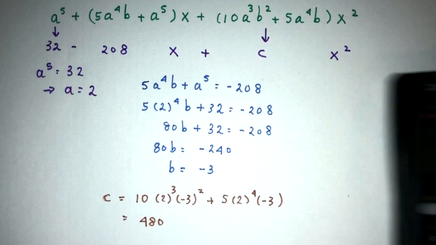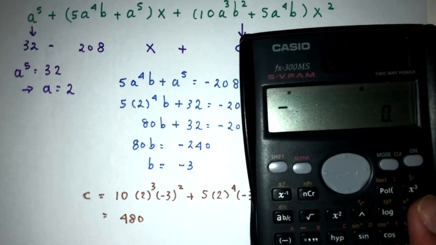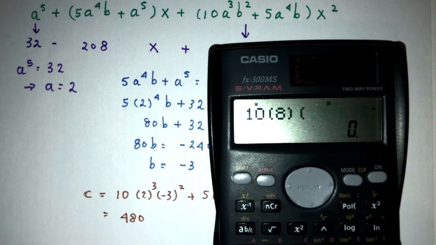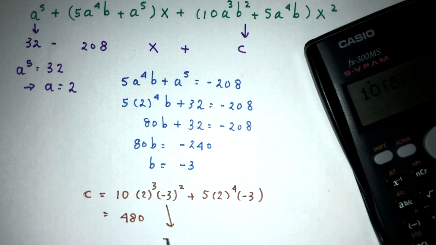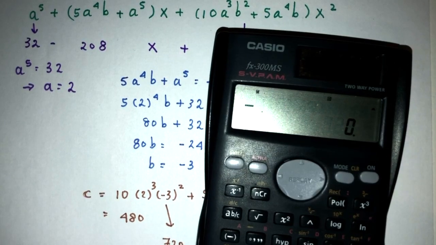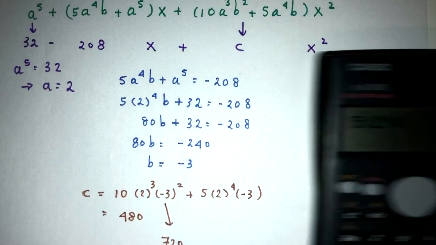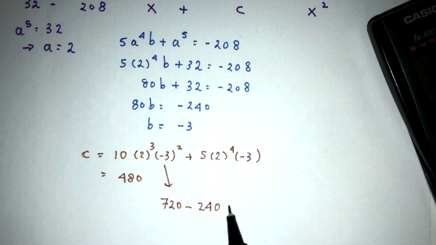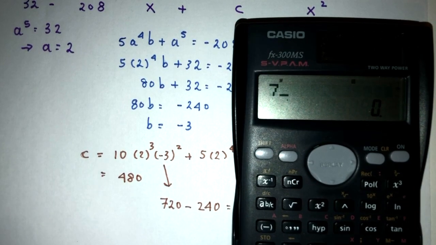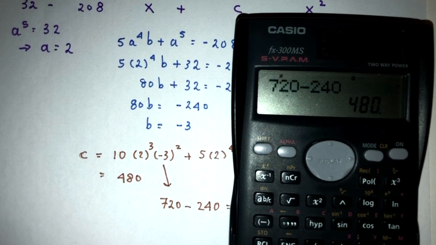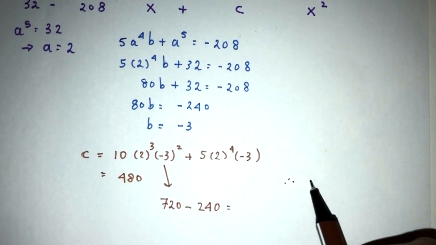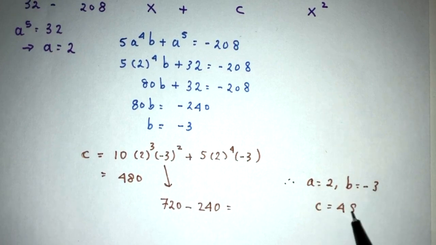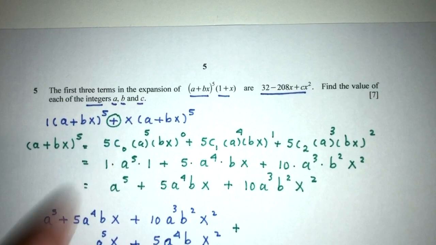This will be my value of c. Let me double check in case I made some silly mistake. So 10 times 8 times 9, that should be 720. Here we have 5 times 2 power 4 times minus 3, that should be minus 240, and that should give you what? 720 minus 240, 480. So it seems to be fine. So the values of a is 2, b is minus 3, and c has to be 480, and these three are integers as required for question number 5.